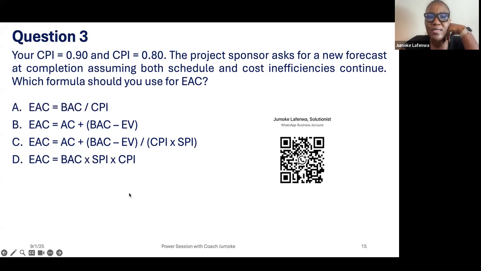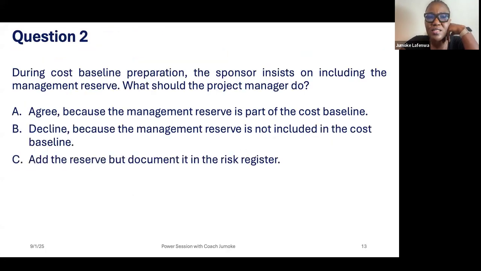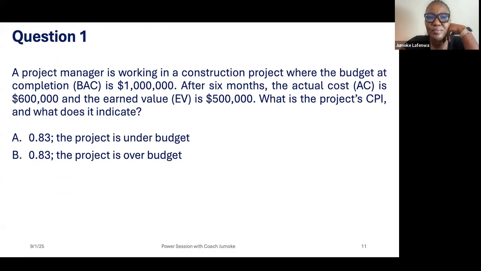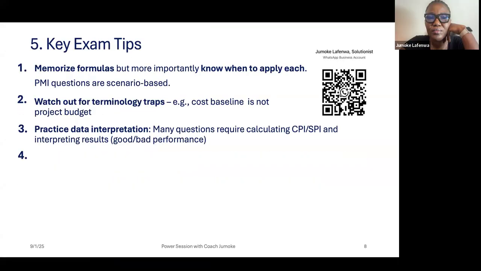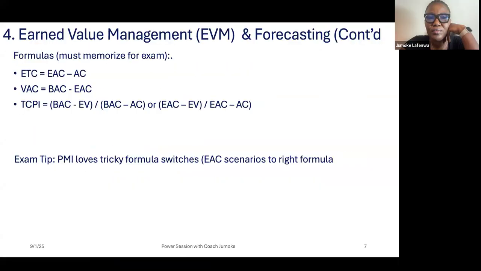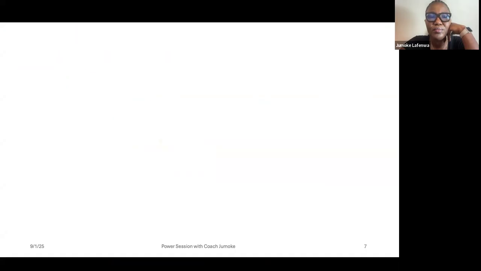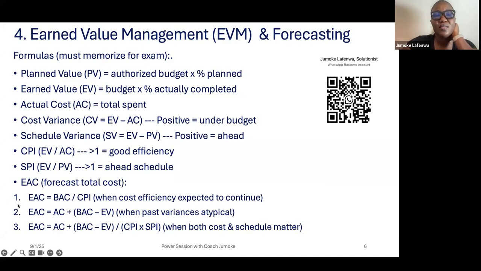Let me try and go back to this in the slide. This is the 3 formulae for calculating estimate at completion. When we finish and you want the slides, I'm happy to send the slides to you. But you can also watch this on the YouTube channel. The recording, all this thing will be on YouTube.